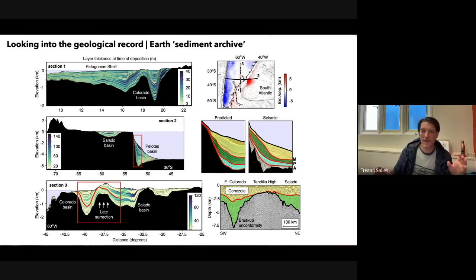So looking at what the model is predicting and what the data is telling us, we have some ideas about what is missing or what kind of information needs to be added to the paleogeography, to get a Tandilya height which appears earlier than it does in the reconstruction.